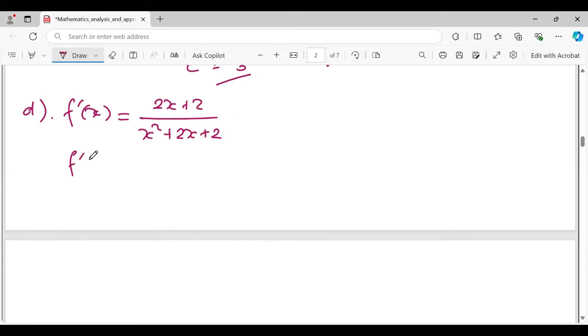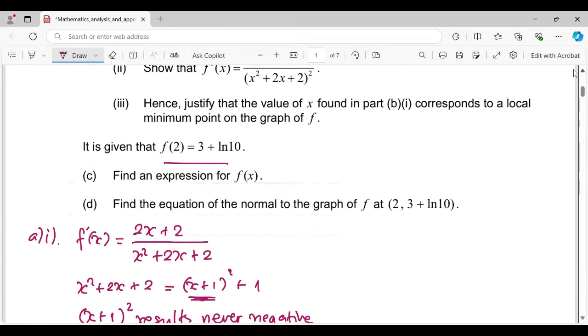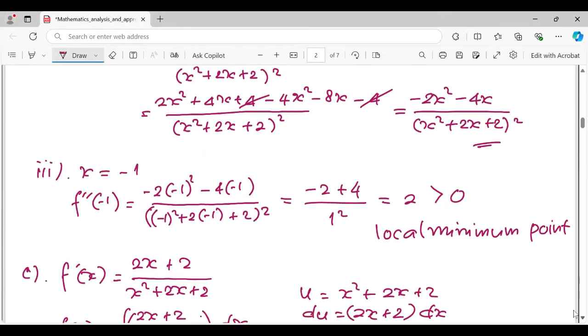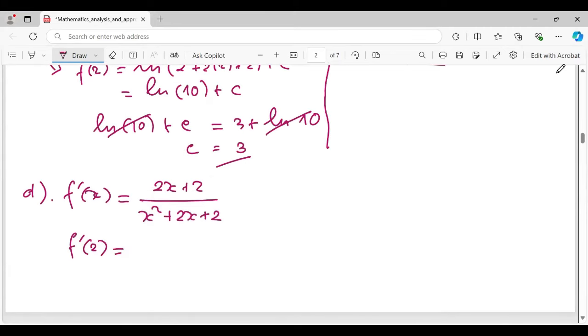And if x equals 2, based on this coordinate point, x equals 2, y equals 3 plus ln 10. This is the coordinate point (2, 3 plus ln 10).